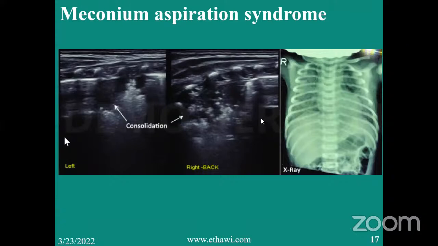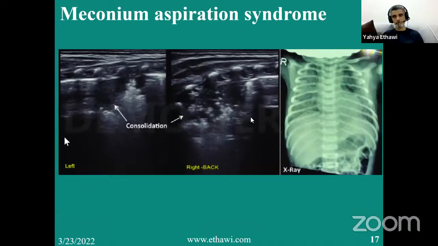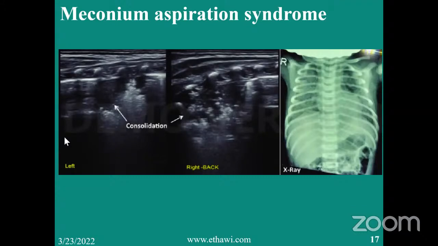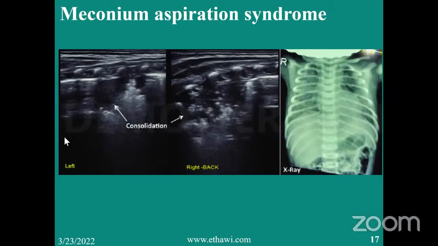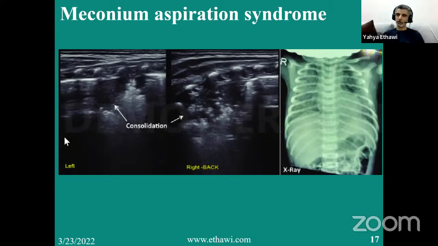Okay, Doctor, thank you. More questions, please. Dr. Yahya, if I do Doppler in this area, do you think it will help, that it will be hyperemic, or do you think it will be more? It won't give you any clue, because this is not an inflammatory process.